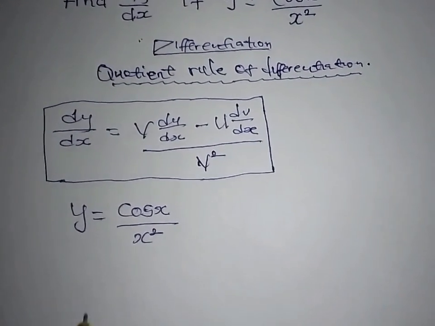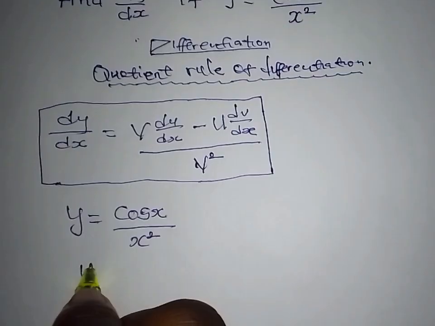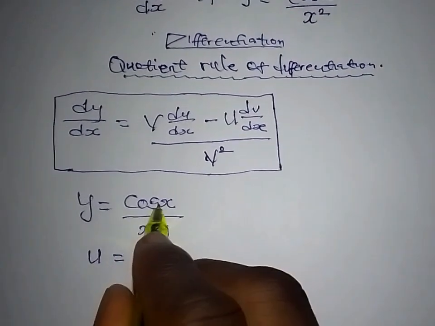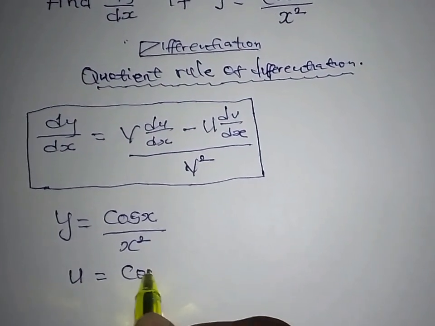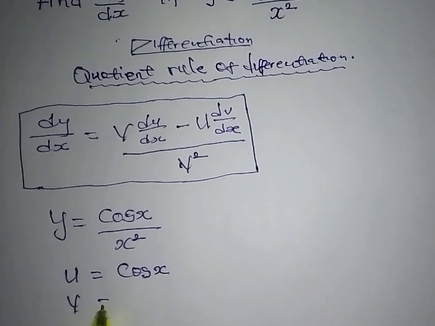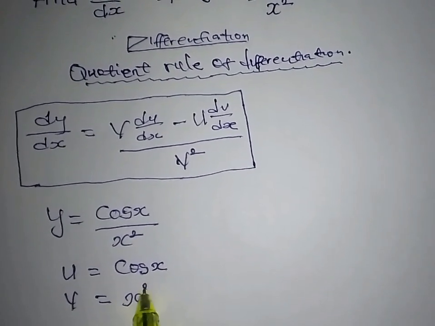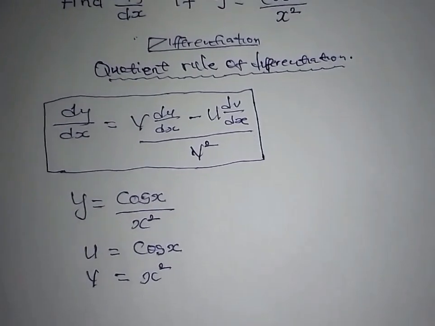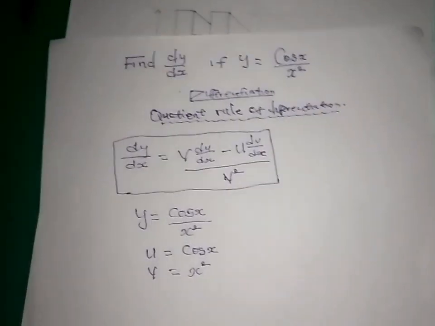Now here we have u which is equal to cos x, and we have v which is equal to x squared. Okay, hope you are following me.